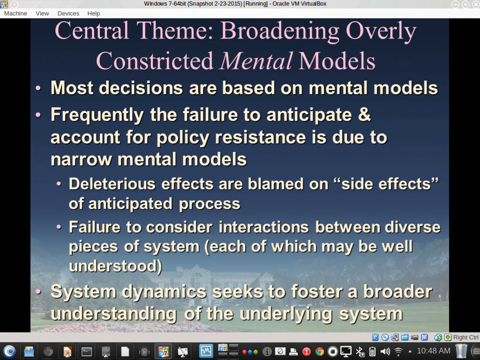And a lot of the failures reflect the fact that our mental understanding is inadequately developed. So the idea here is to use modeling, not just the model, the modeling process, to improve how we think about the world, the rigor with which we think about it, and to change our mental model, to evolve how we think about it.